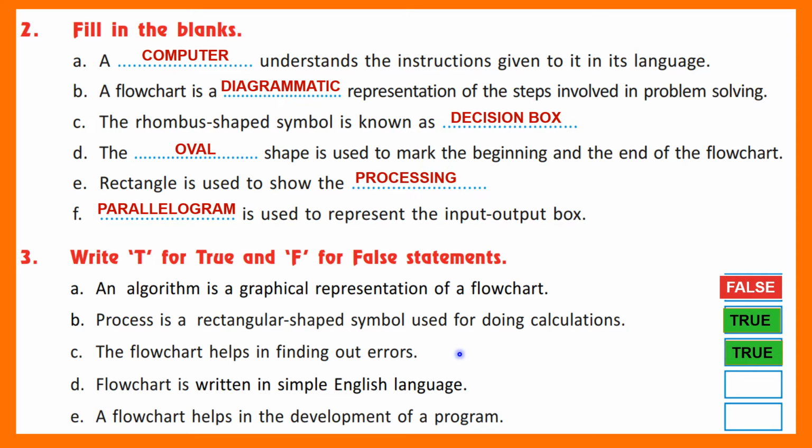True. Flowchart helps us to find the errors in our program. D. Flowchart is written in simple English language. This is false. Flowchart is not written in the simple English language. Basically, algorithm is written in simple English language. E. A flowchart helps in the development of a program. True.